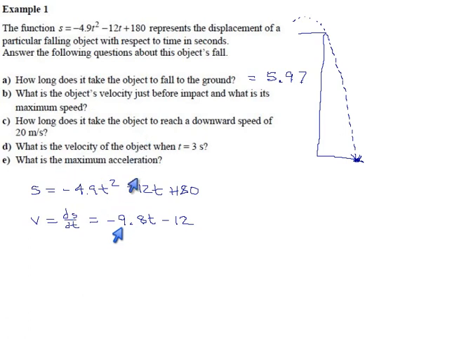So now that we have velocity, the velocity just before impact would mean the velocity at 5.97 seconds. So how fast are we going right then? Well, it should be minus 9.8 times 5.97 minus 12.